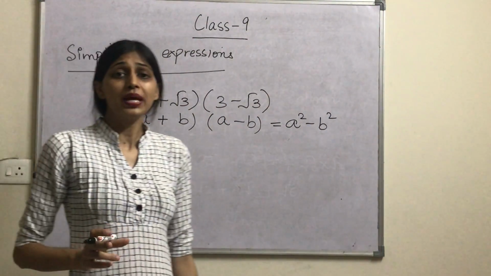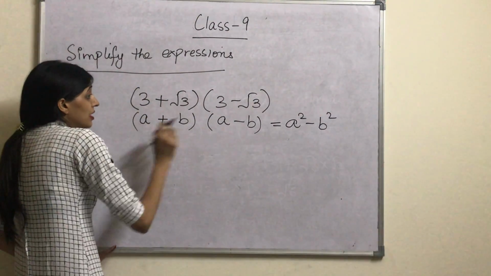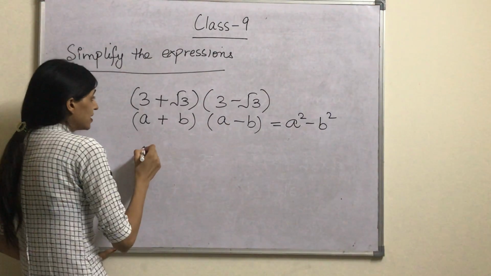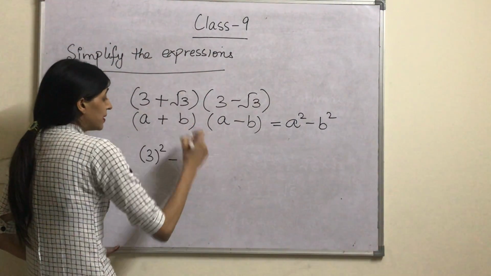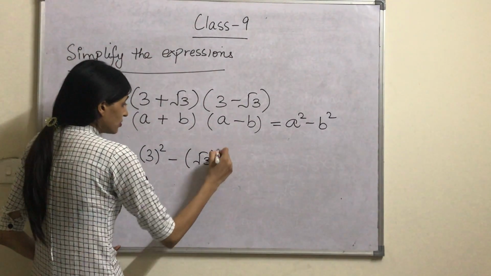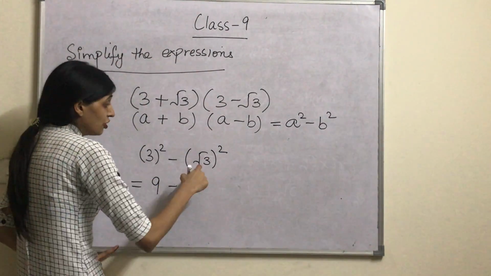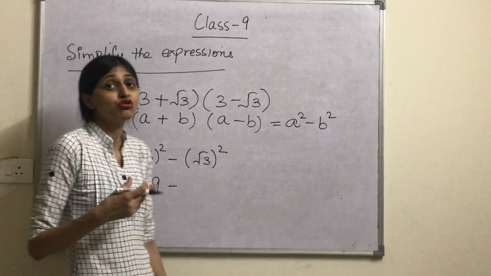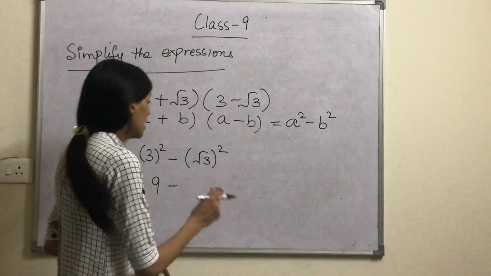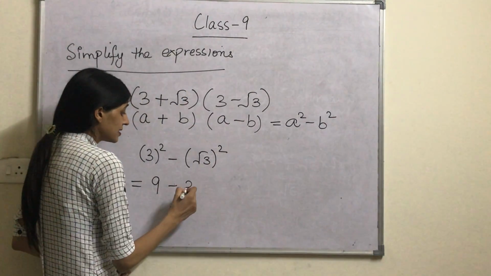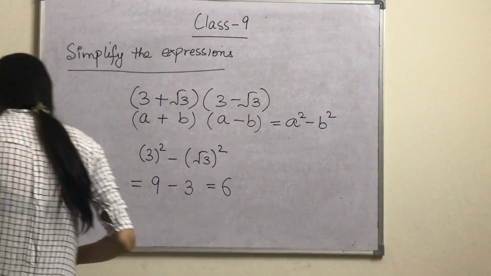So we can do it straight away. A square is 3 square minus, what is B? Under root 3 square. So 3 square, 3 3s are 9. Root 3 into root 3, whenever a root is multiplied by itself, then only the number will come. So root 3 into root 3 is 3. So the answer will be 6, right?